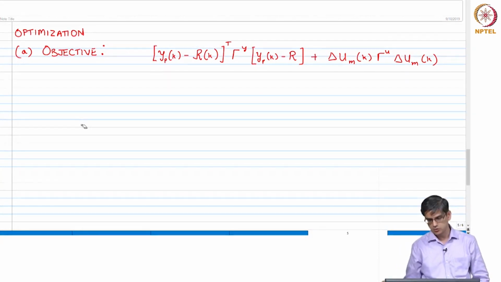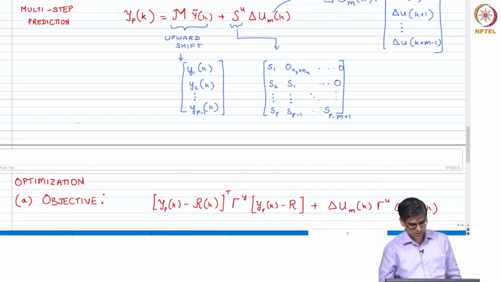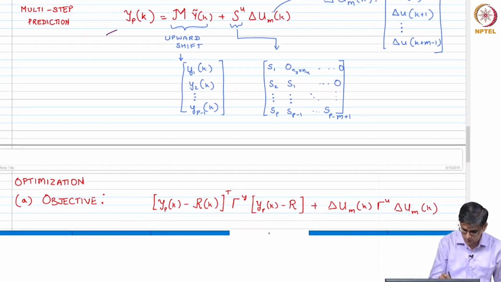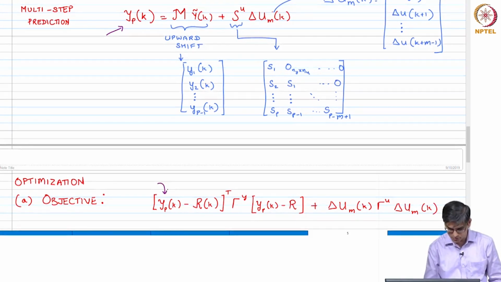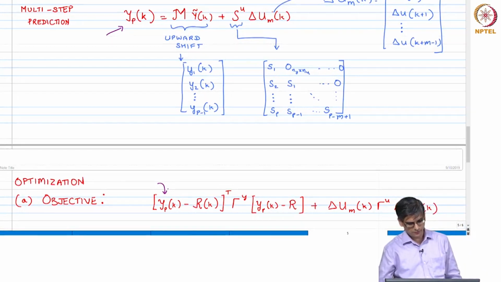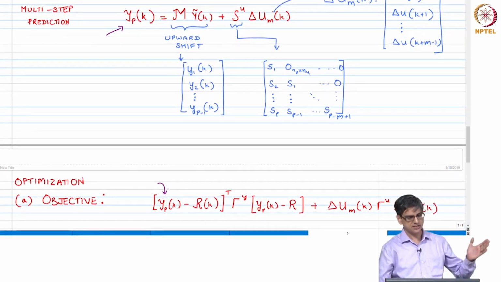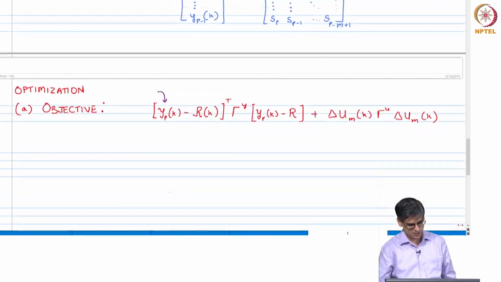Okay. So, what we will do in order to put it in standard form is we will take this equation and substitute it over here. So, when we substitute, our yp is nothing but m y tilde plus s multiplied by delta u.